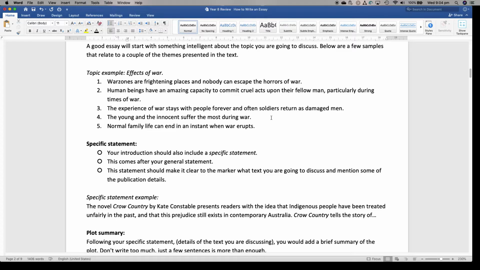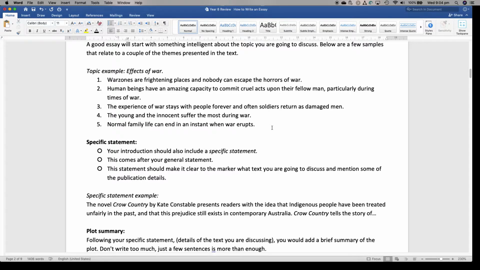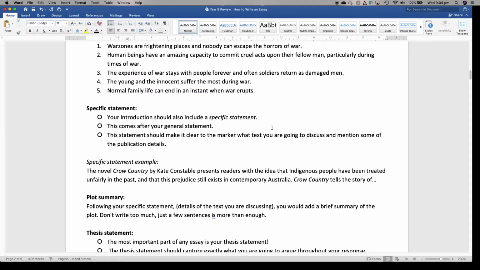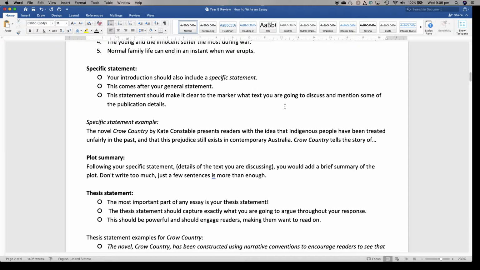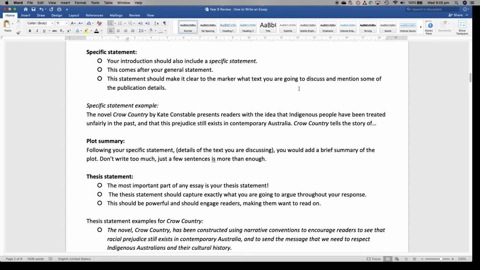And the last two are pretty much the same. The young and the innocent suffer the most during war. It's a short, sharp statement about the impacts of war, and normal life can end in an instant when war erupts. Again, you can see there's no mention of the text or the actual question itself. A nice general statement eases your audience or eases your marker into what you're about to write about.